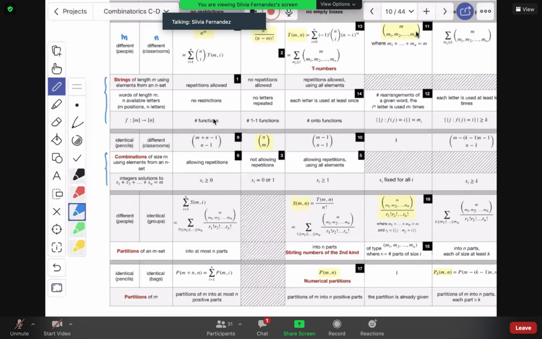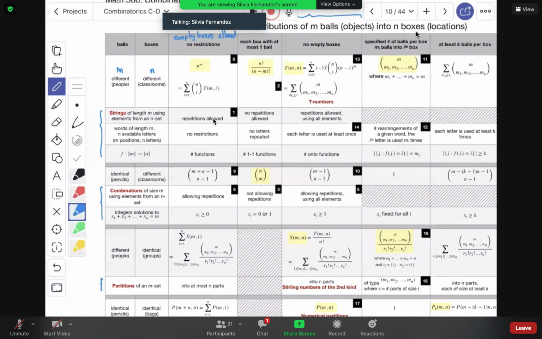So we kind of had that. So here you have the T numbers, here you have the Stirling numbers. I think that I reversed these two. So here I have the numerical partitions, and I think in my previous table I had numerical partitions first and then Stirling numbers. So these two are reversed in the previous table.